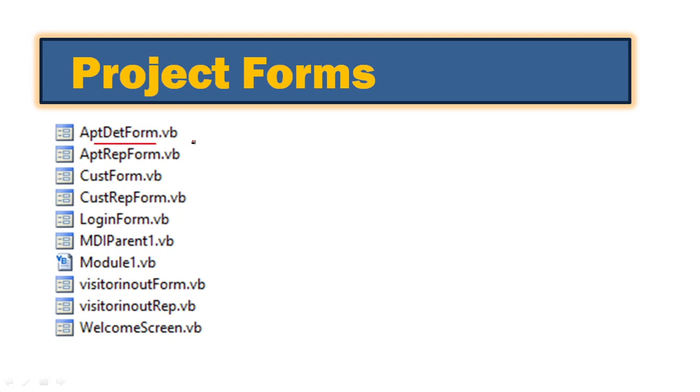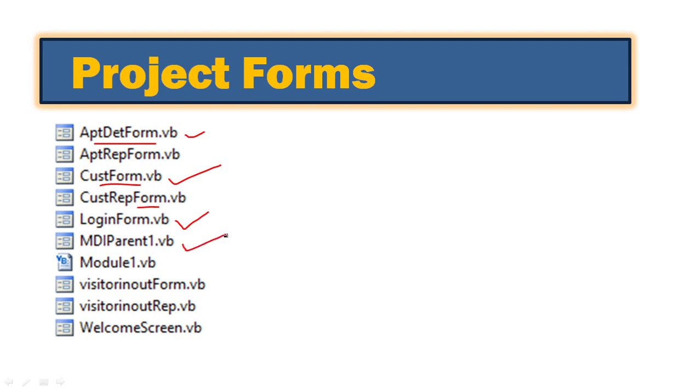Apartment detail, where you can write individual apartment details, with the corresponding report. Customer form, for the visitor who wants to visit the apartment, with the corresponding report. Login form, a regular concept in every project, so you should have one login form where, based on credentials, one can log in to the project.